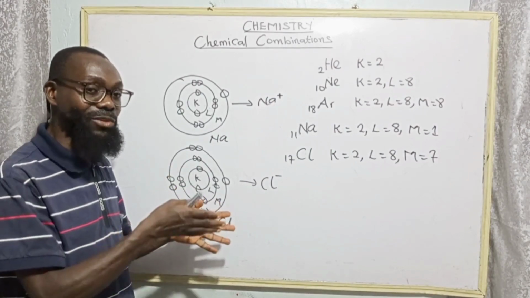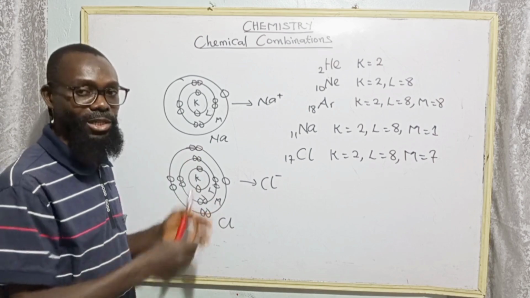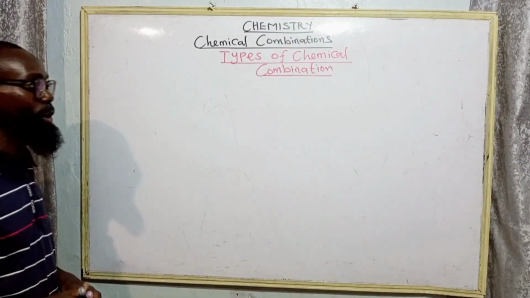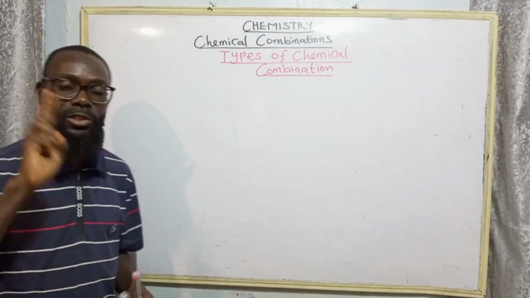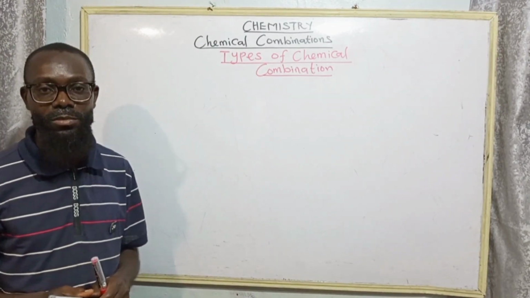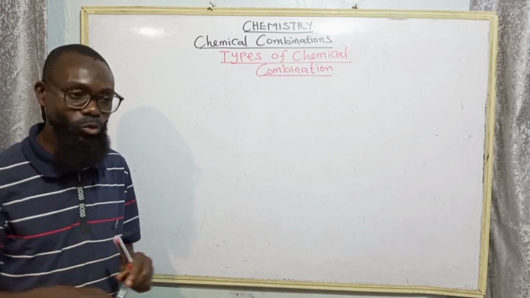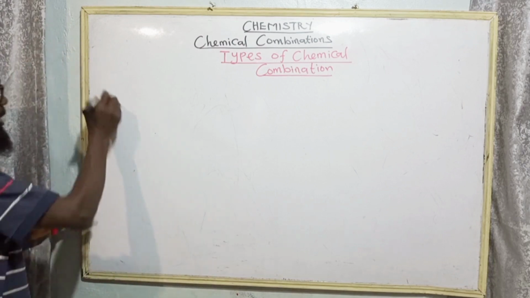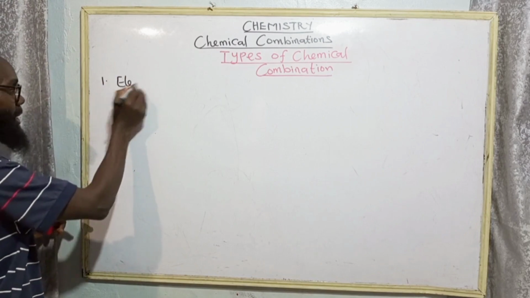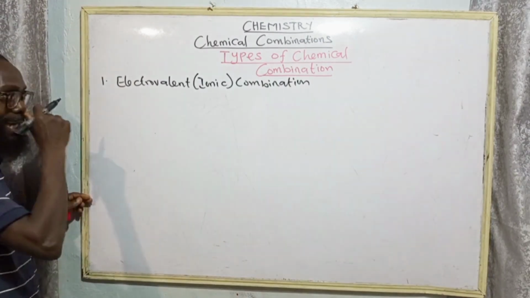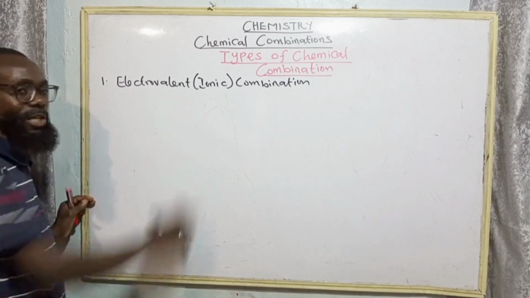Now, let us dive into the types of chemical combination. There are two major types of chemical combination, although we have more than that. The first one is electrovalent or ionic combination.